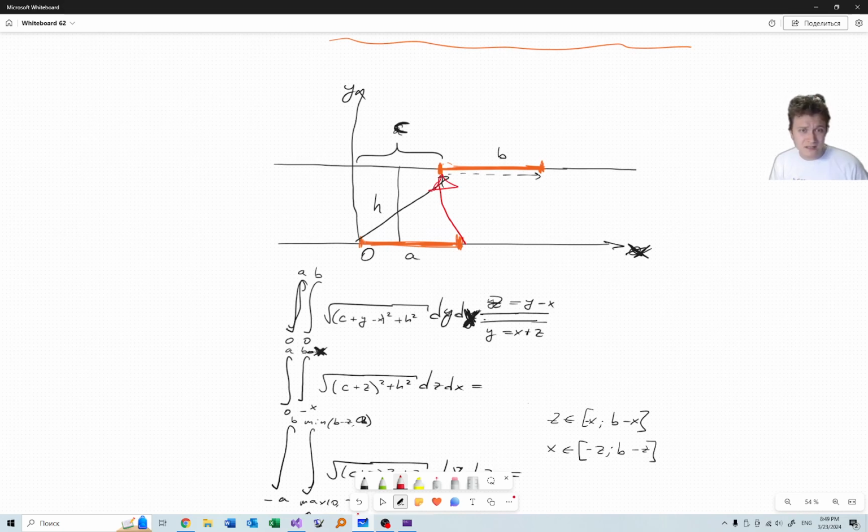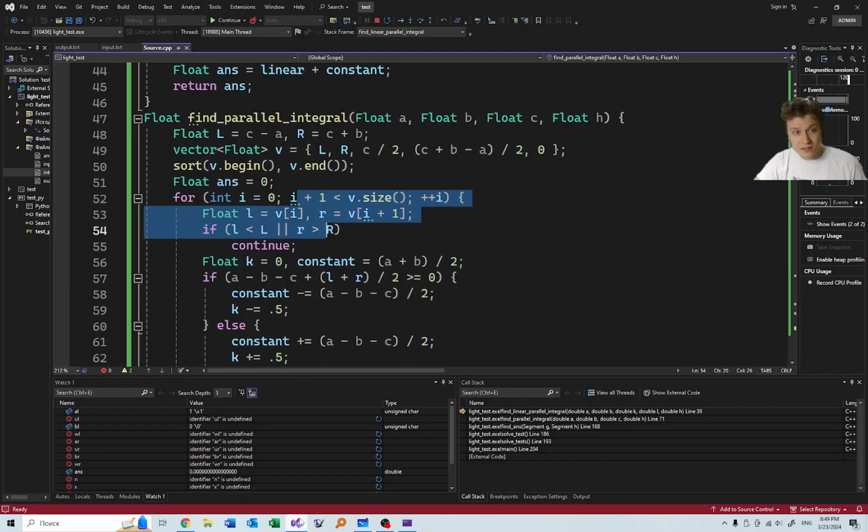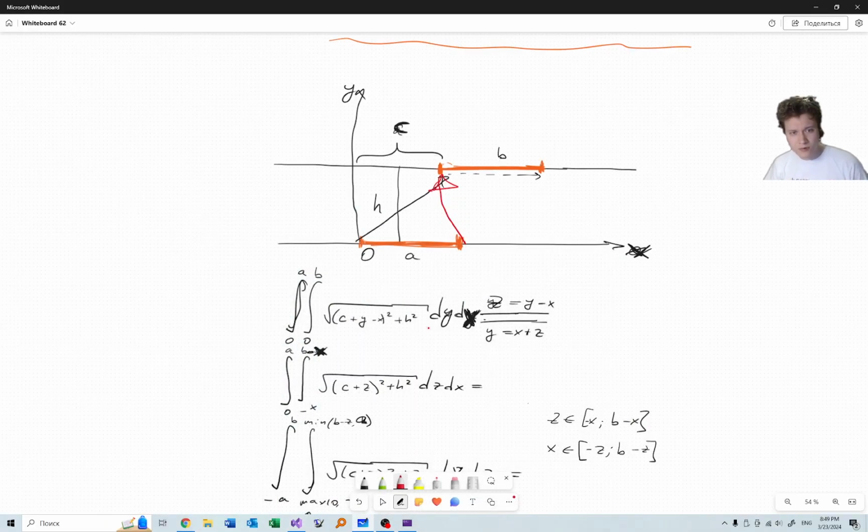C minus A is indeed something valuable. And we end with B plus C. So these are the most extreme vectors.